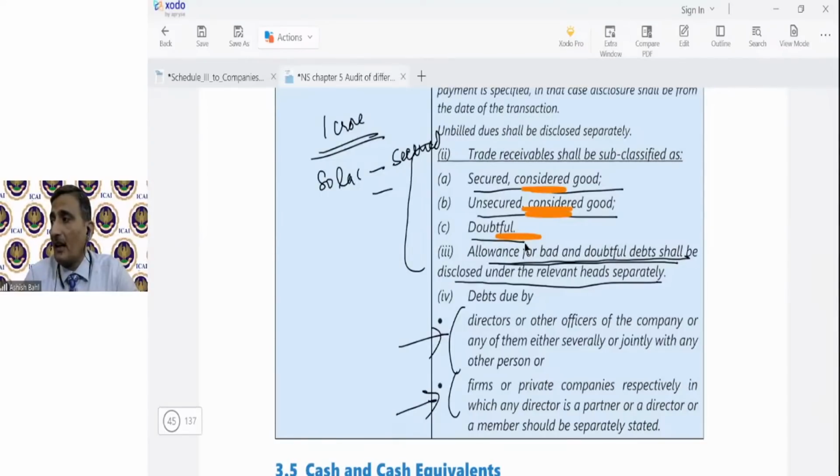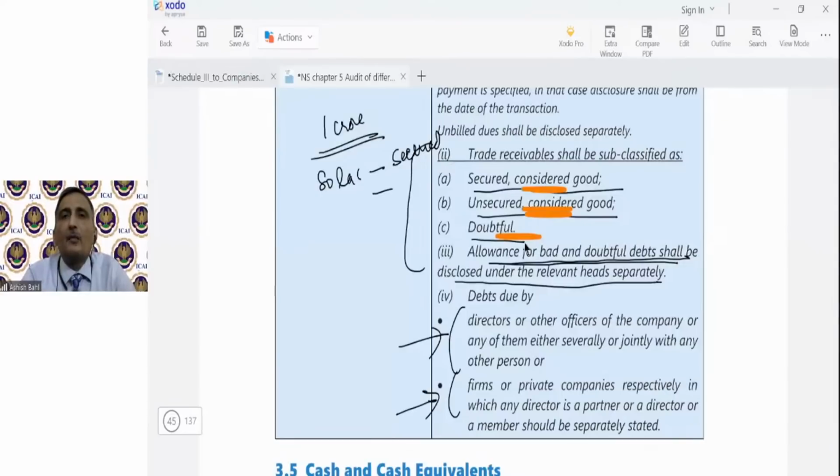Yes, Nivida, you can write it in your own words. But the point is that requirements pertaining to Schedule 3, or wherever references are made to the Companies Act, have to be stated as they are.